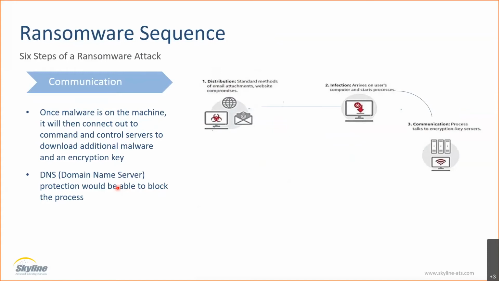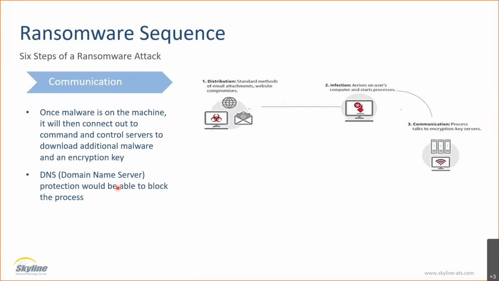It makes use of something called domain name service. DNS is a fundamental process in networking. Whenever you open a browser and type in Amazon.com or Cisco.com or Google.com, the process that always runs is a domain name server.